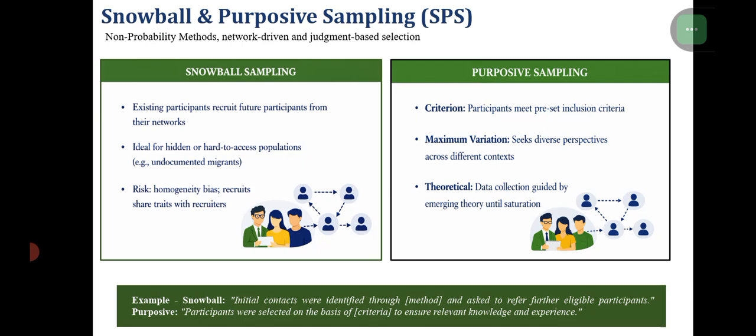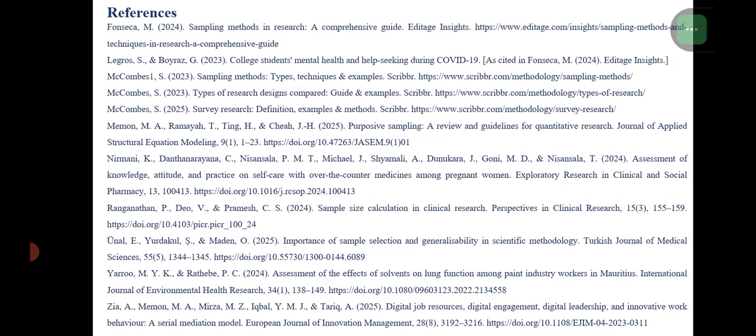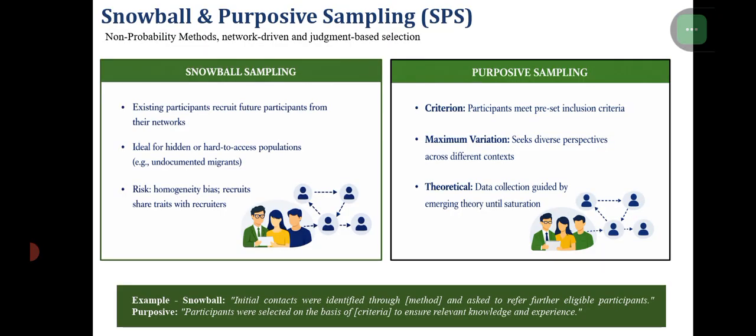In purposeful sampling, participants are recruited based on the researcher's preference. Take note. Based on the researcher's preference, he feels that this particular group of people will be more suitable for my research work than this other group.